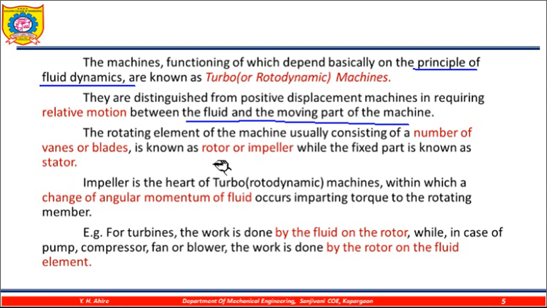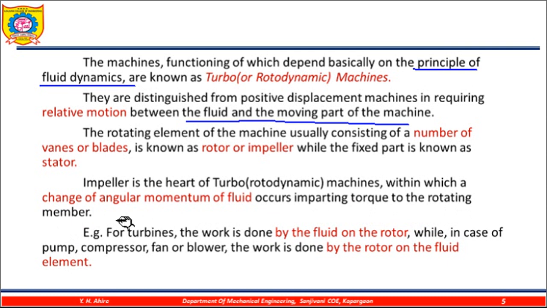Remember, impeller is the heart of turbo machine, within which change of angular momentum of the fluid takes place, imparting torque to the rotating member.